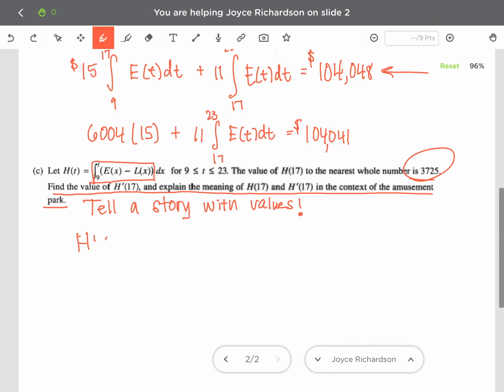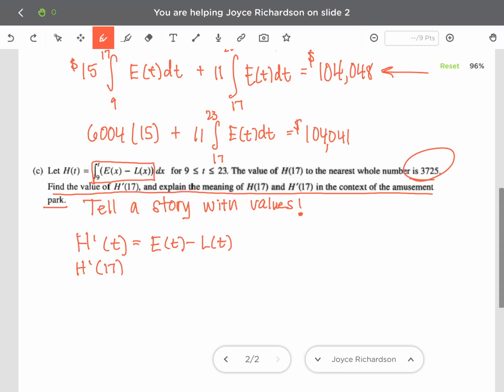First of all, before I tell that story, I'm going to say that h prime of t is equal to e of t minus L of t, because of the fundamental theorem of calculus: if I take the derivative of an integral, it's going to be what's inside the original function.